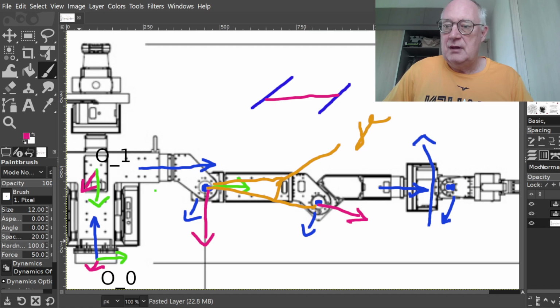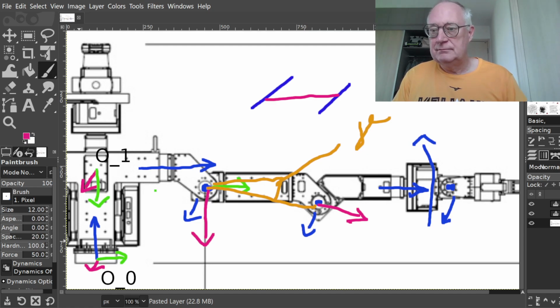So let's see. Here we need to add our next joint. And then we can plot it. Theta 3, D3, A3, and alpha 3.